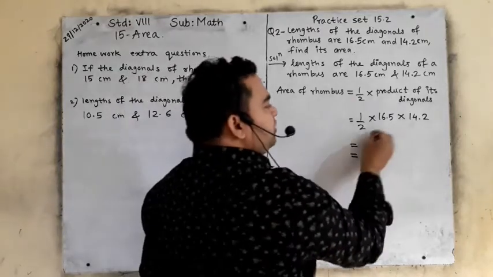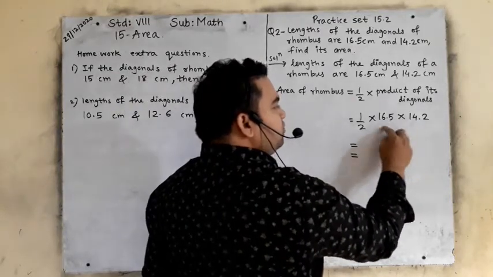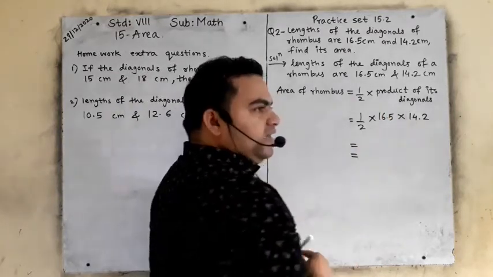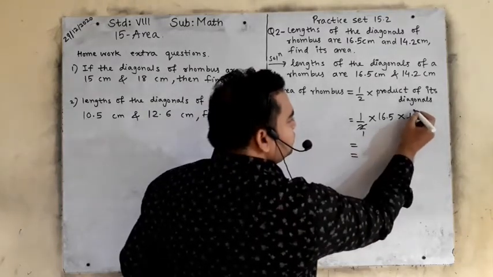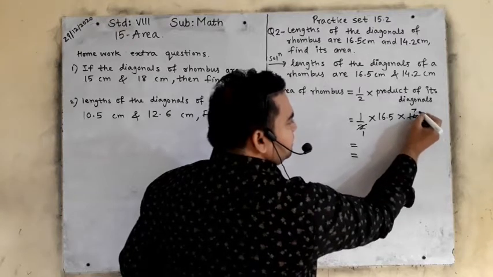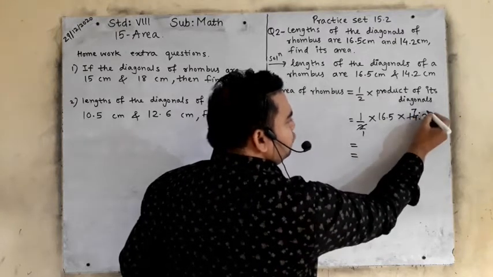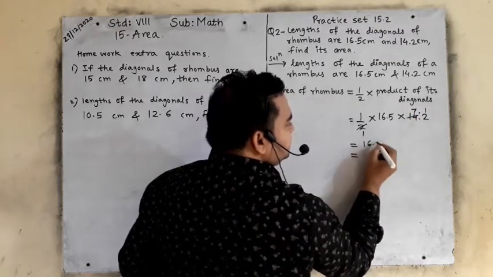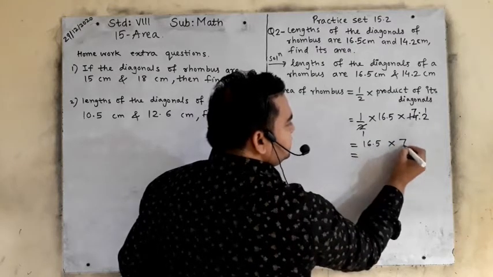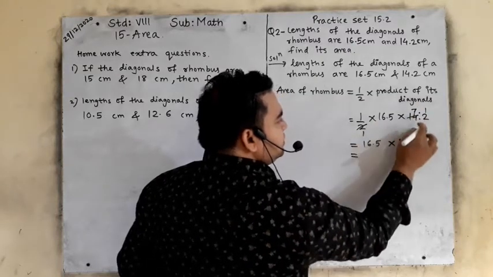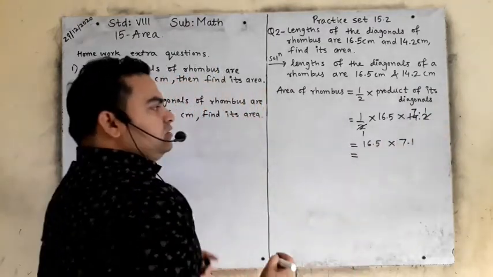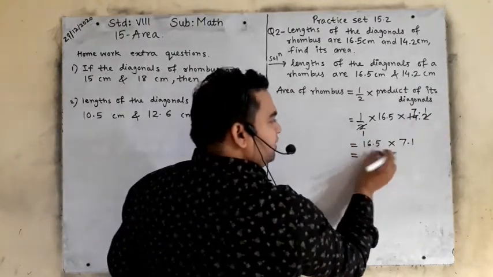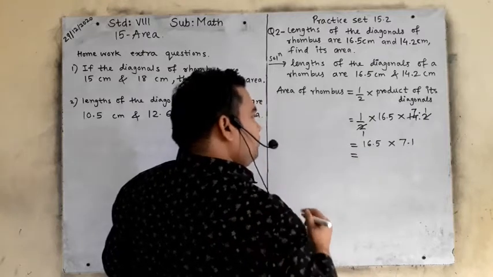But if one of these diagonals is easily divisible, you can divide it. See here, 2 ones are 2, 2 sevens are 14, the decimal point will come as it is, and 2 ones are 2. So the answer remains 16.5 multiplied by 7.1.